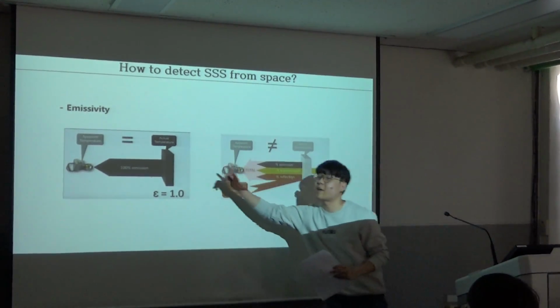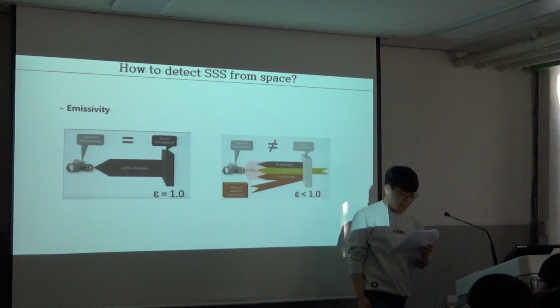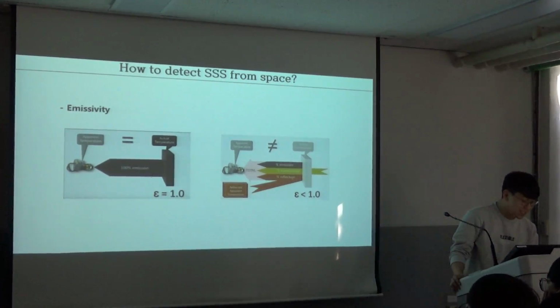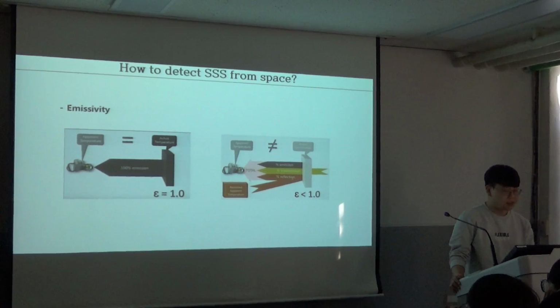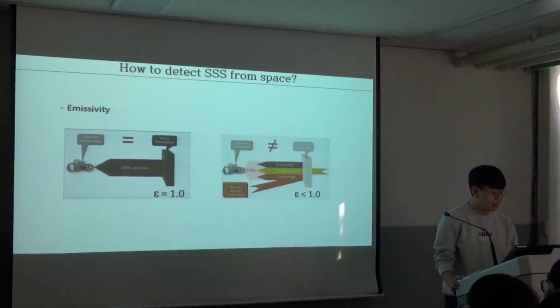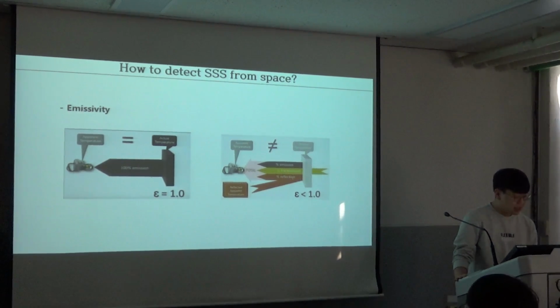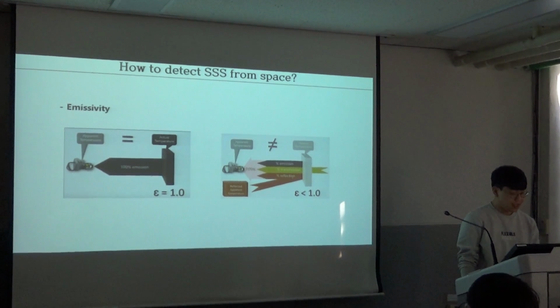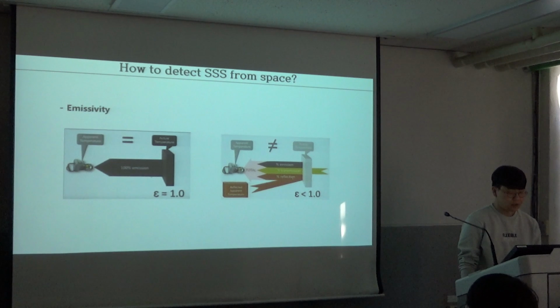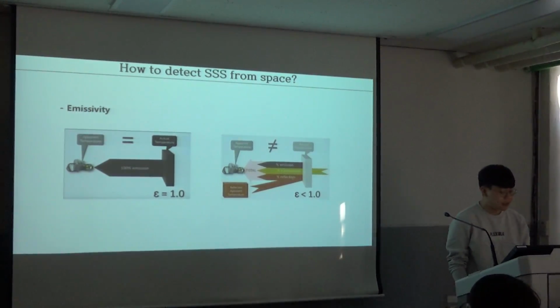This one is the black body, and the picture on the right is the emission of an ordinary substance. You can see every single emission from the satellite is absorbed and then emitted 100%, while only a certain percentage of the emission from the satellite is emitted again on the right side.